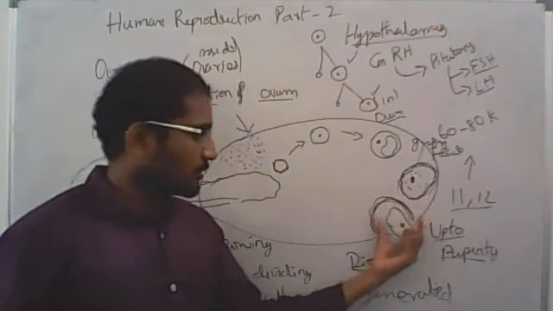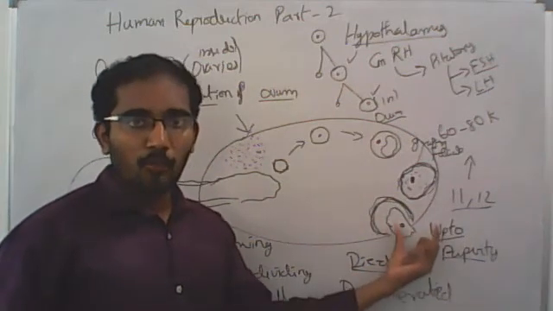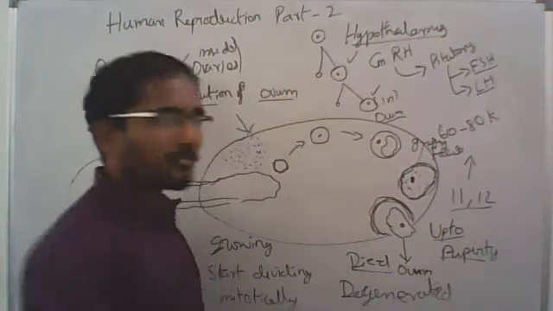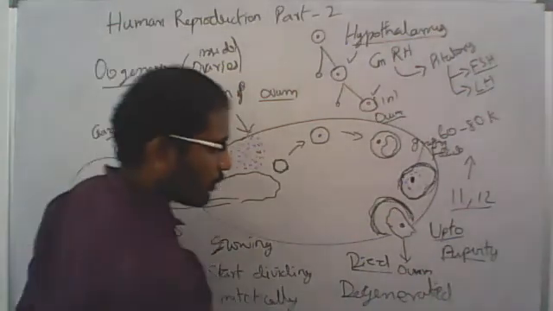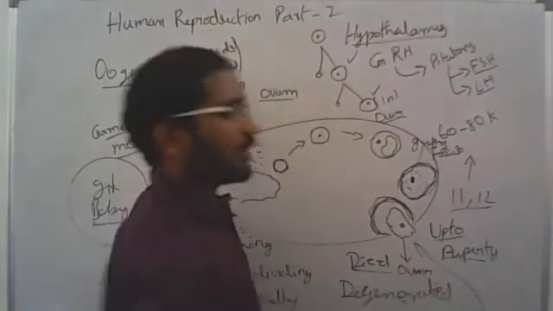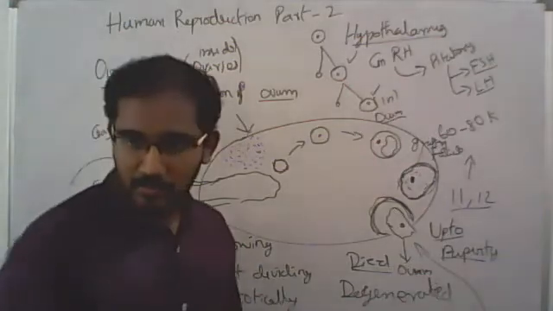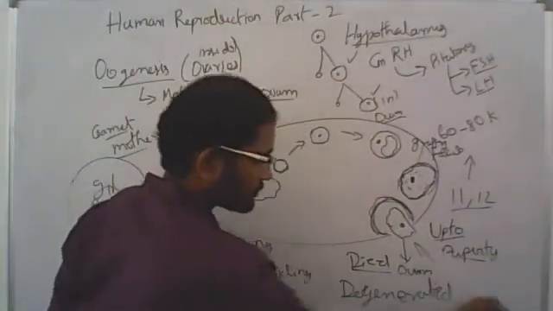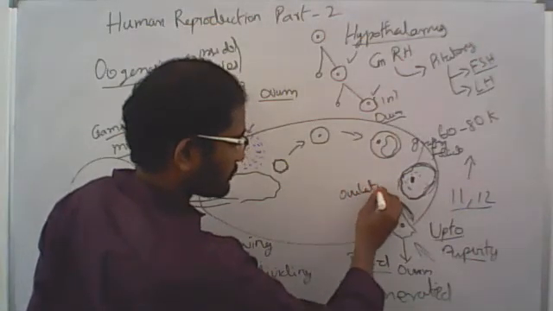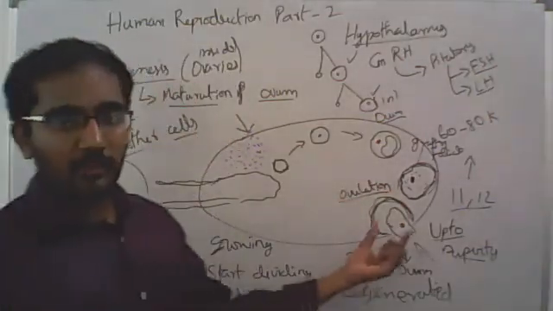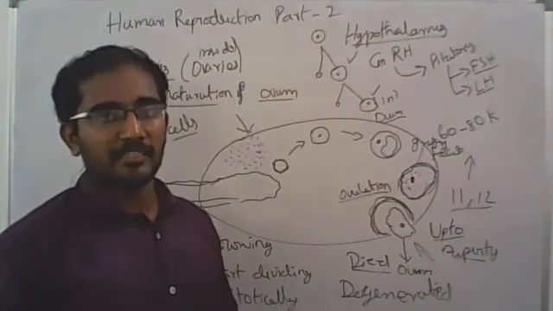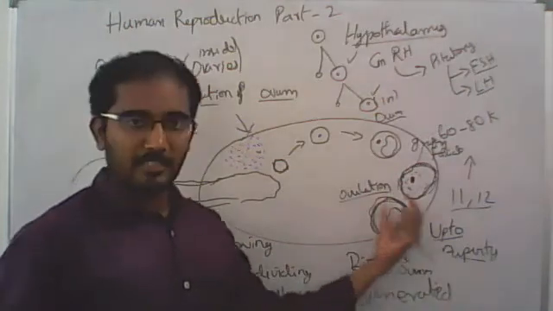In this process, the release of the ovum from the graafian follicle is called ovulation. So the ovum is ovulated from the graafian follicle and is ready to move into the oviduct, that is the fallopian tube. We will discuss that in the next part.